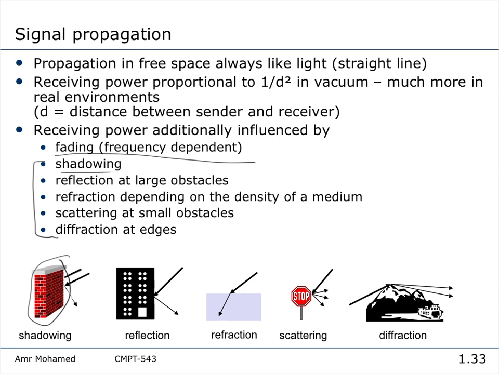So if that object is large enough, proportional to the lambda, okay, then the signal usually fails to penetrate that particular medium, and that's what we call shadowing. By shadowing here, we mean that the signal gets blocked, and there is, of course, a slight level of energy that gets reflected, but this reflected signal is not detectable anyway. Okay? So it's as if the signal has been completely blocked.